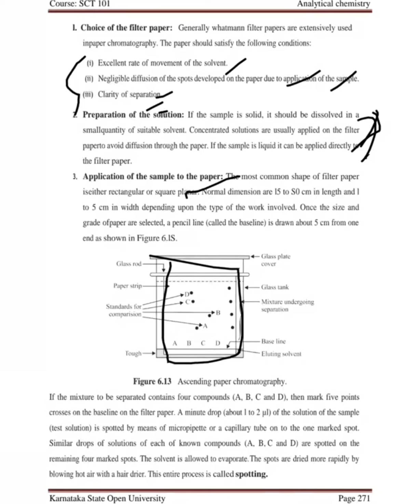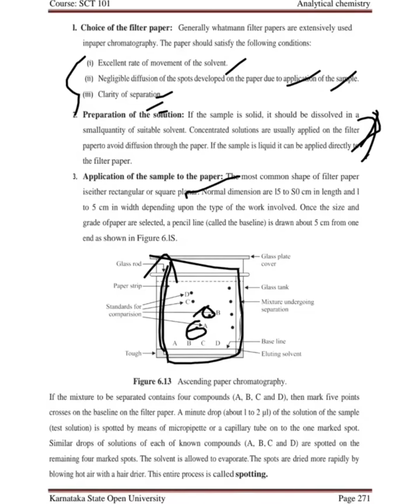Different spots are applied for the mixture, and different bands are formed while the mobile phase runs upwards. The entire process is known as spotting of the compound.